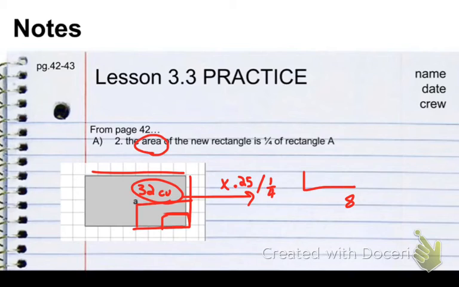So if I have 2 by 4, I get an area of 8 cubic units, and I'm similar. I'm similar because I'm basically multiplying everything by 2, right? If I wanted to go up to this, I would just multiply everything by 2, or I would be multiplying by half if I'm going the other direction. Either way, it's similar.